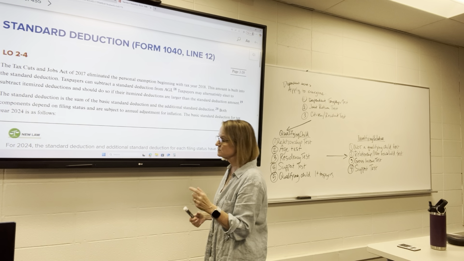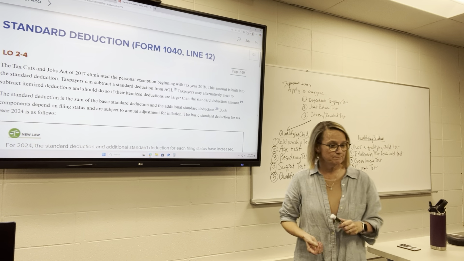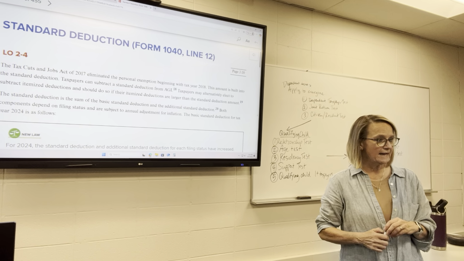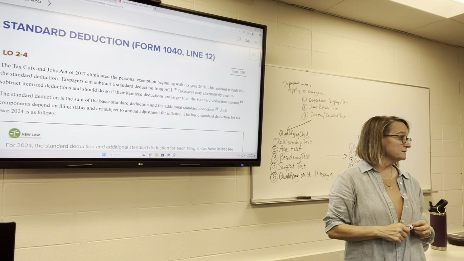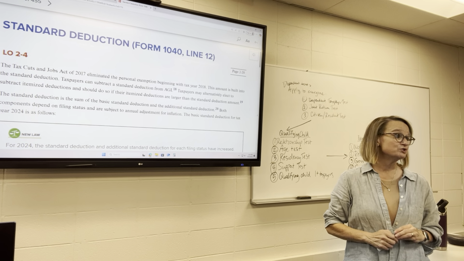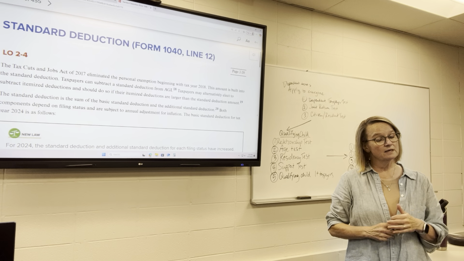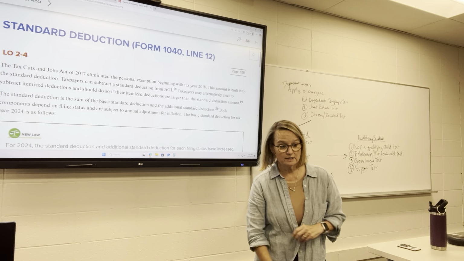Now, the new tax law that was just passed, the OBBBA, One Big Beautiful Bill Act, I think it's 3 Bs, it remains to be seen what will happen, because they've actually made some of the itemized deductions more generous now. So there might be more people that take itemized deductions than would take the standard deduction.